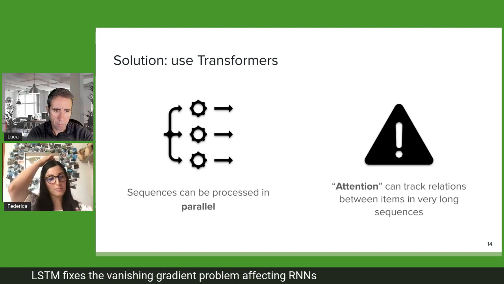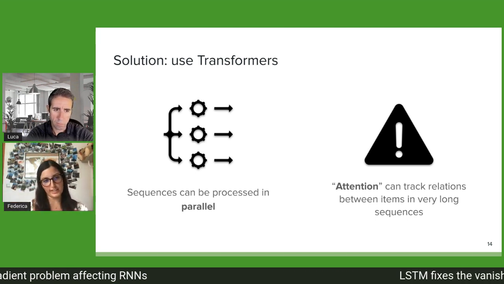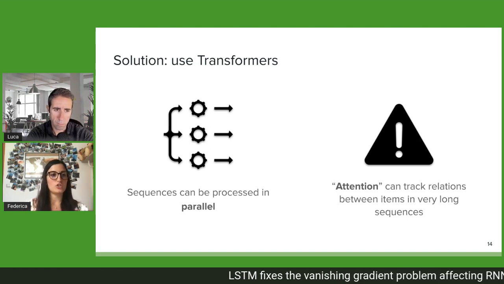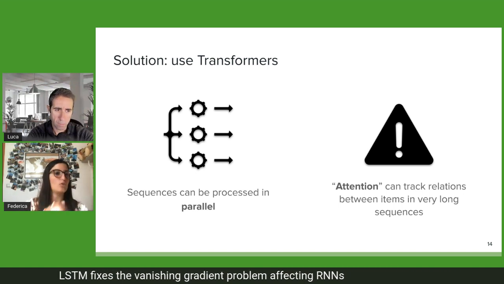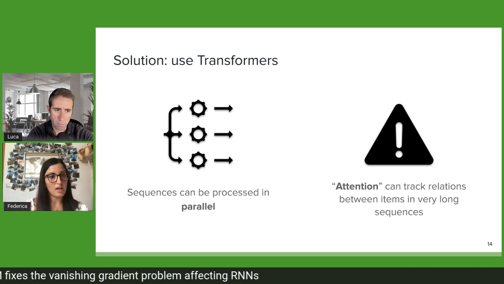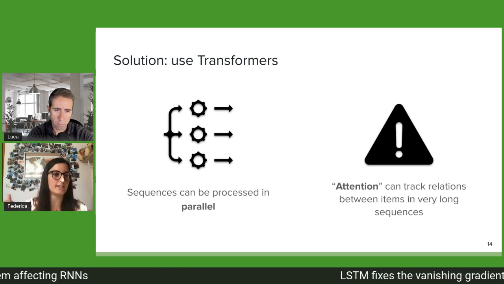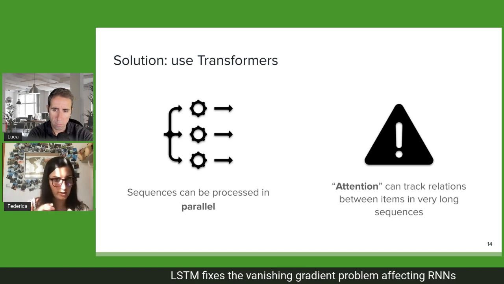Transformers are able to work with sequential data, but the sequences are processed in parallel. So we do not process the data sequentially, one word at a time, but all together. Words in a sentence, or elements in the sequence, can be processed all together.